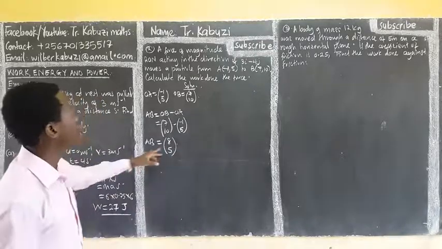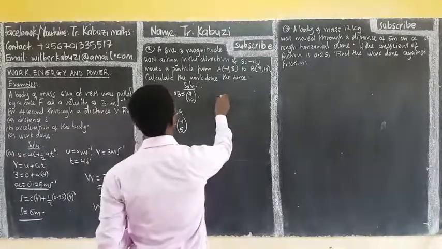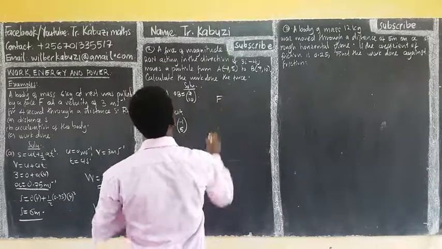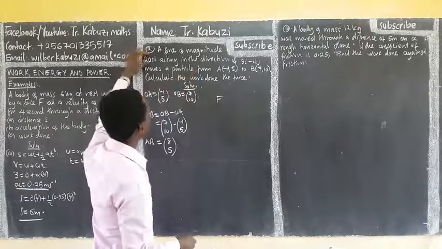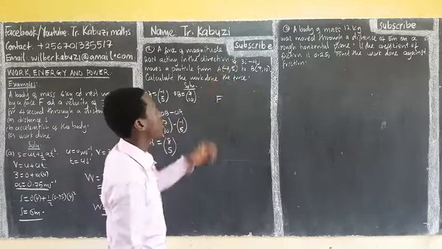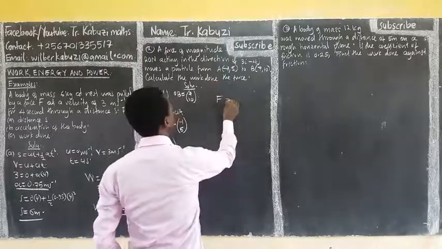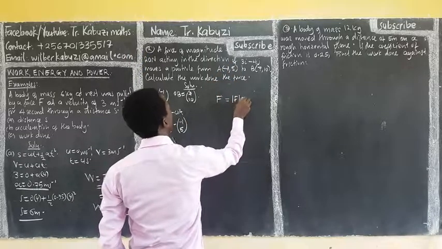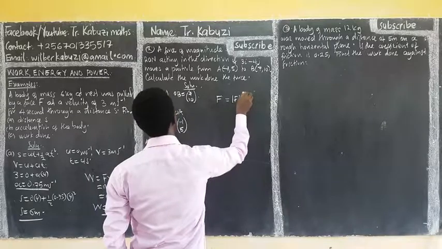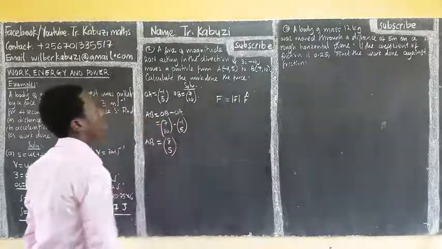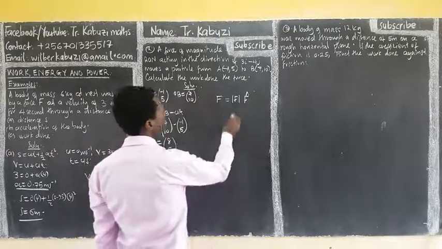Now, we need our force. The force they are giving us has a direction. So, meaning to get F, we shall take the magnitude times the unit vector of that force.